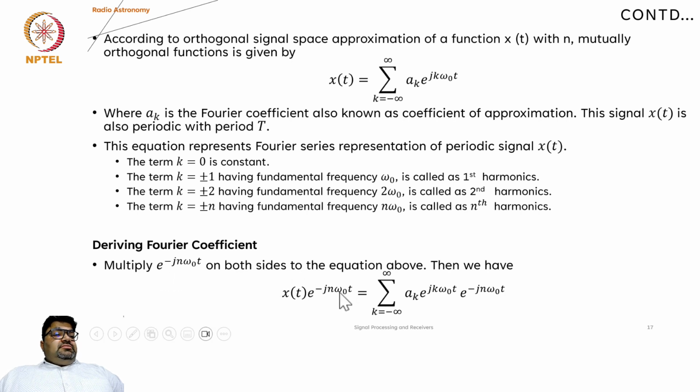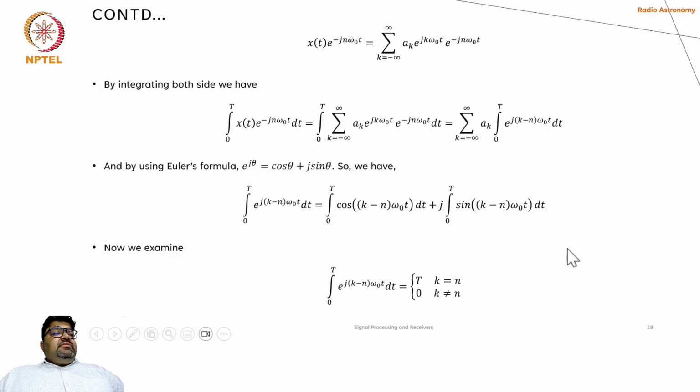So what you do is, if you simply go from here, you multiply by e to the power minus j, the conjugate of this exponential term, on both sides. You get x of t e to the power minus j n omega naught t, and on this side you basically end up having a of k, because this cancels out. Okay, hence you then do an integral on both sides.